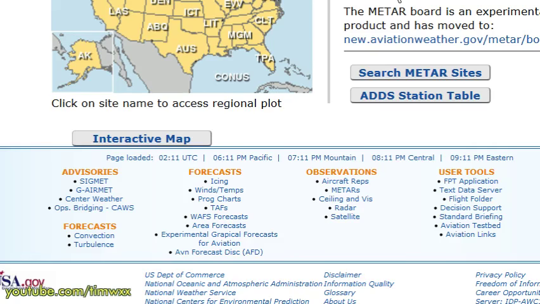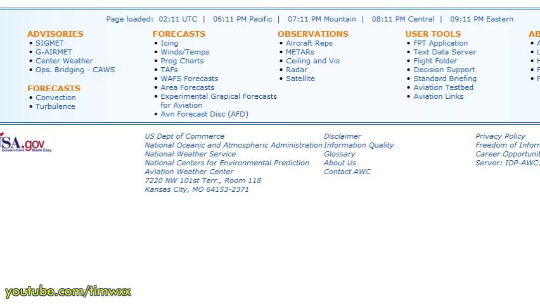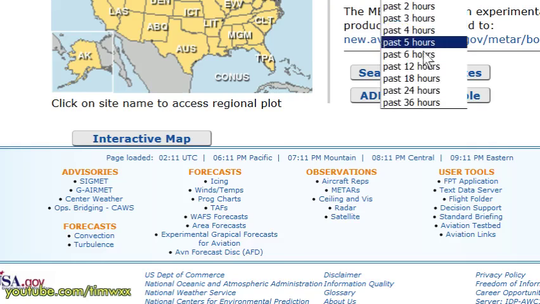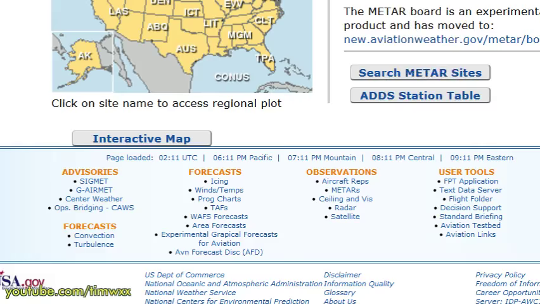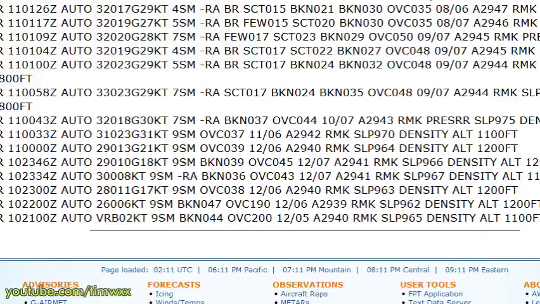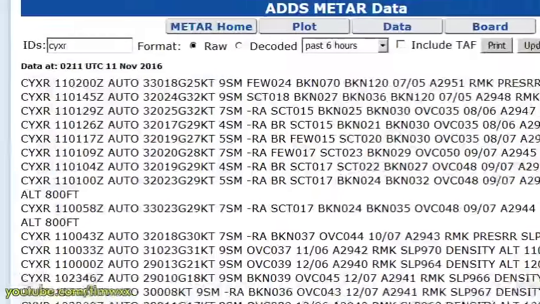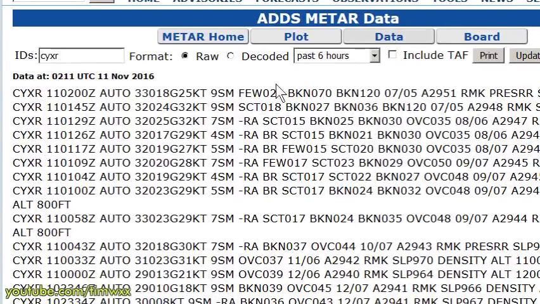Maybe North Bay. Let me go back. I want to get a time trend here. Okay. Can you see what time the front came through?